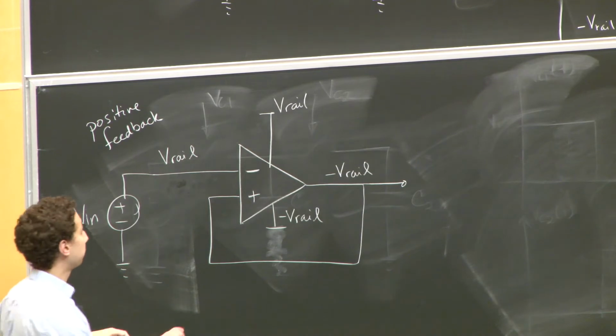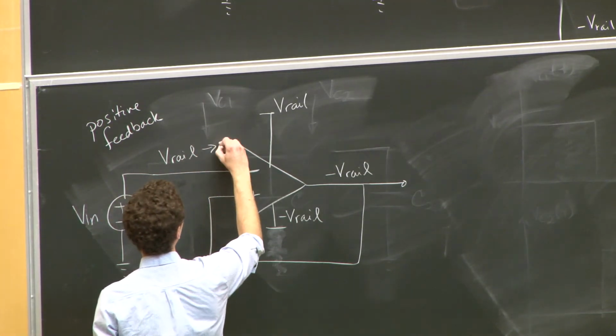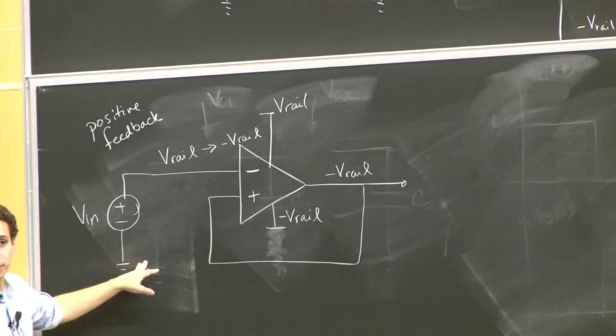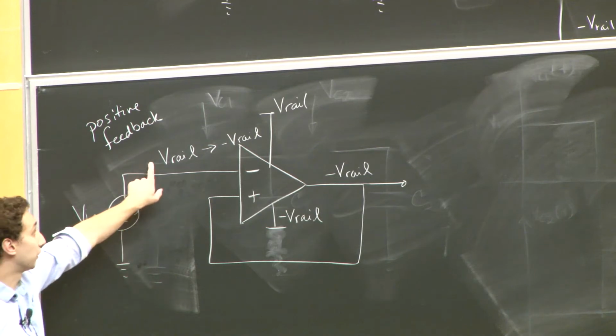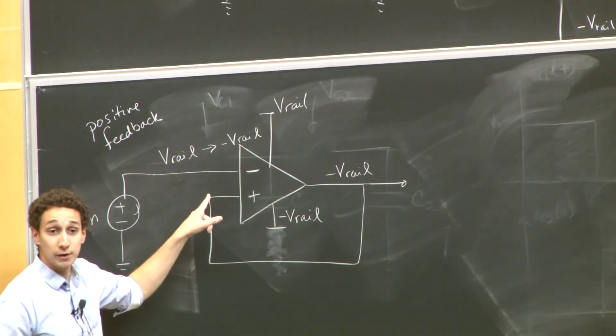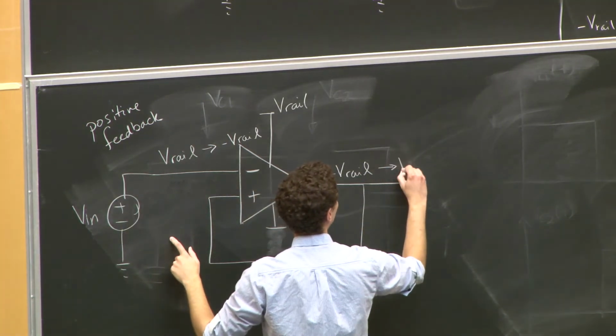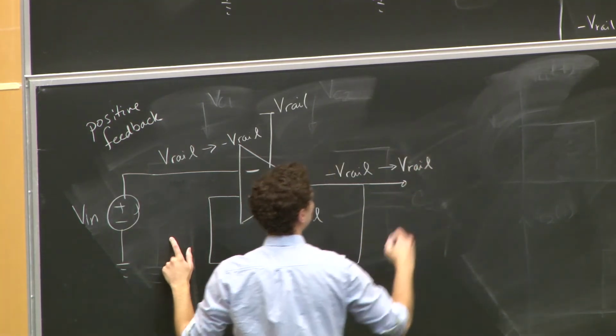Okay, now what happens if we go from V-rail to minus V-rail? As we transition between positive and negative, the output is going to do the opposite, right? It's going to go from minus V-rail to V-rail.